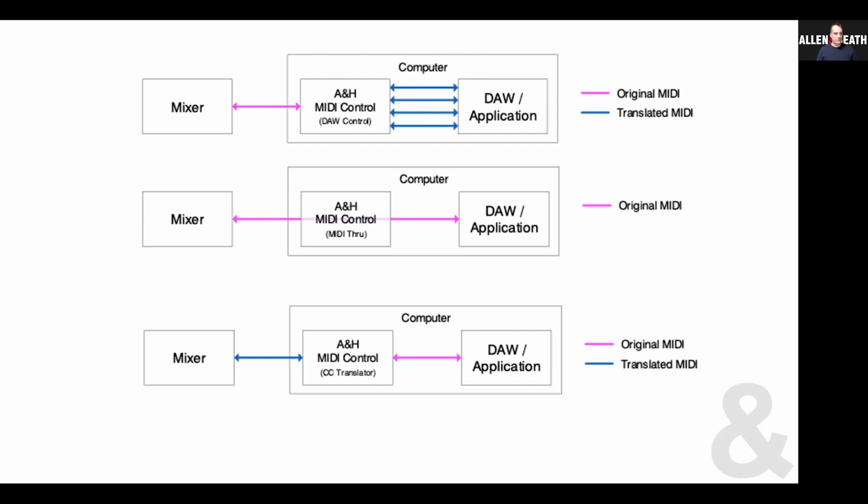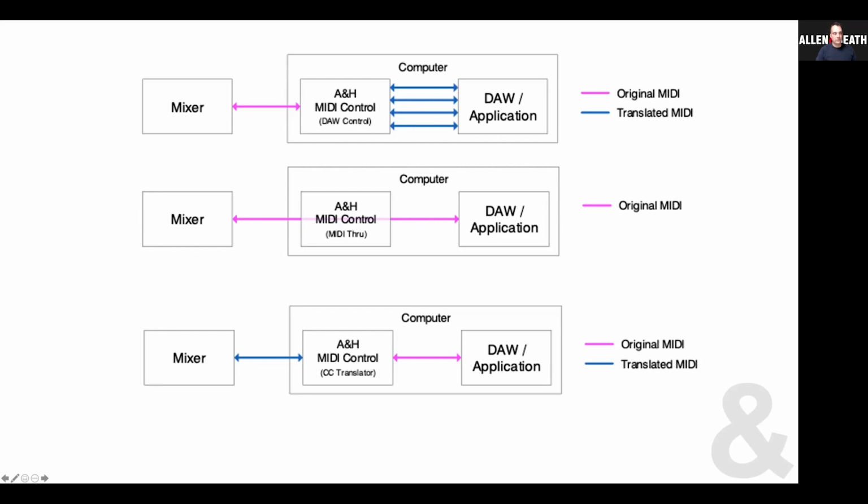And the A&H MIDI Control is your DAW control, so your MIDI or UE, which does the translation. So the purple line is your original MIDI from the dLive or from the AHM or from the Avantis, and the blue line is translated MIDI. So the mixer communicates with the MIDI control driver, and the MIDI control driver translates to UE or MIDI protocol.